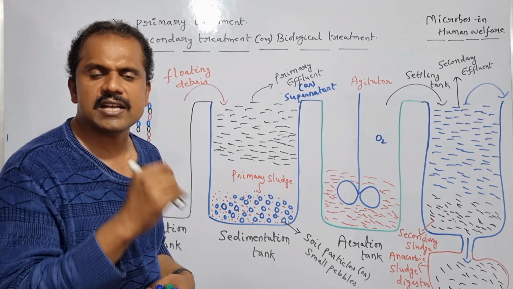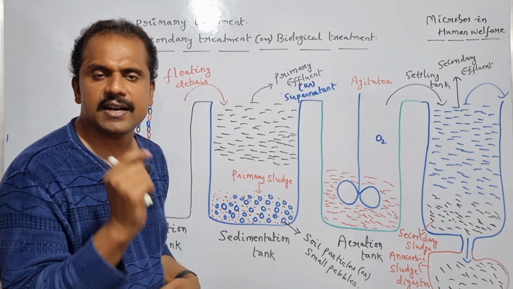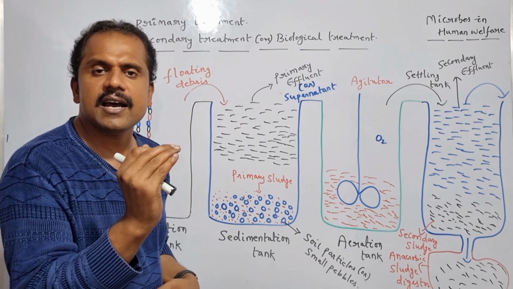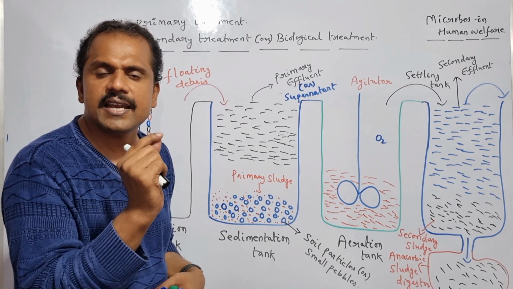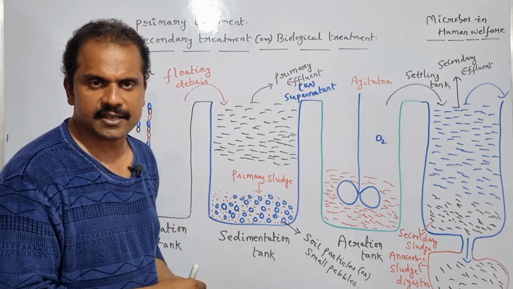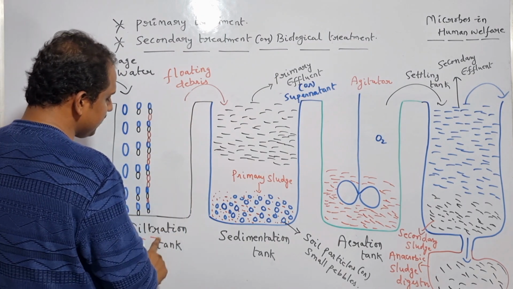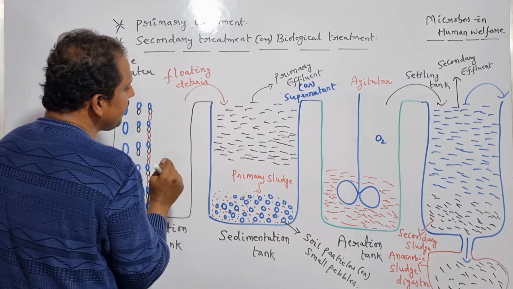Floating debris is the specific component of the sewage water which is filtered in the filtration tank. Once the floating debris is filtered, the rest of the components of the sewage water transfer from the filtration tank into the sedimentation tank.